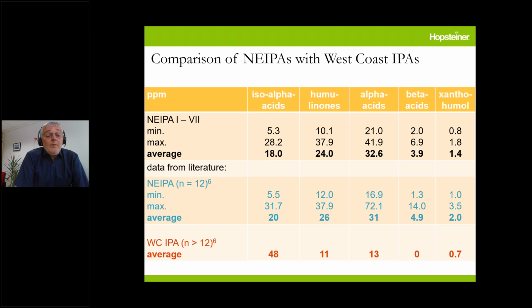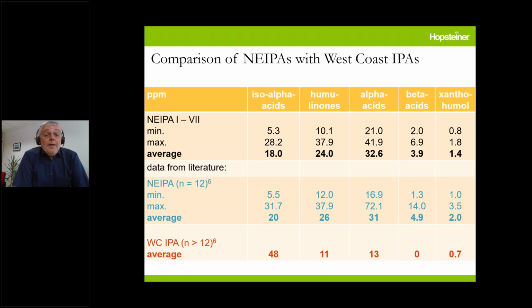If we compare the values of our investigations on the 7 beers with the published data in blue on the New England IPAs, you see again very similar results. So our selection of the 7 beers can be considered as representative, I would say.